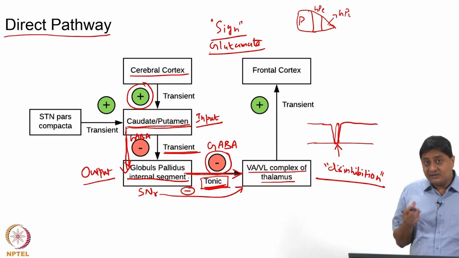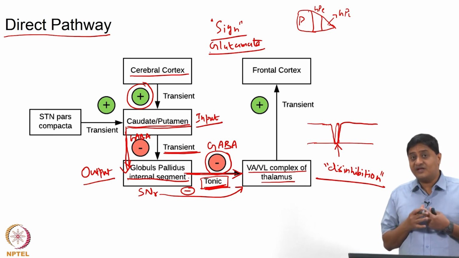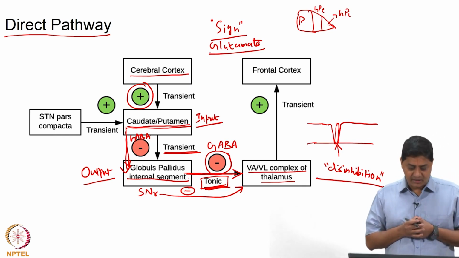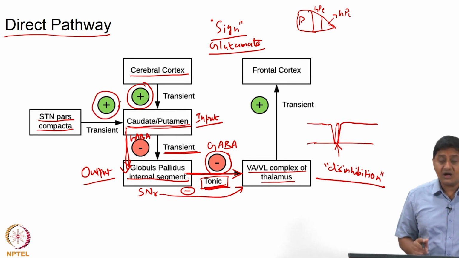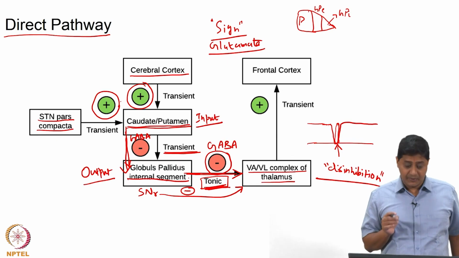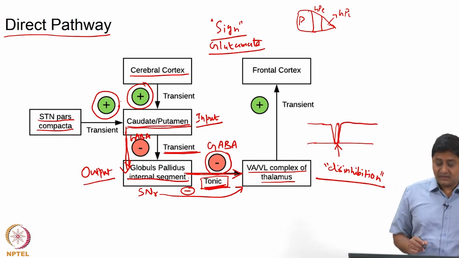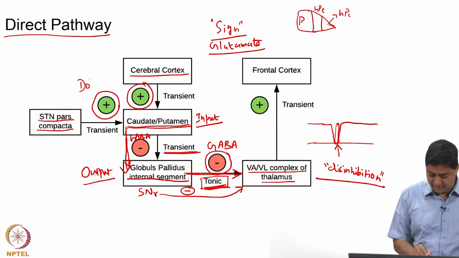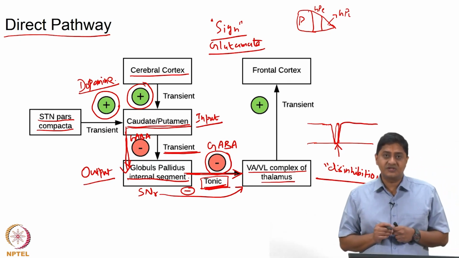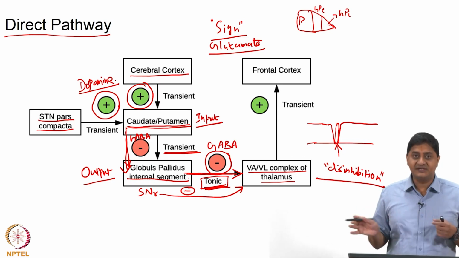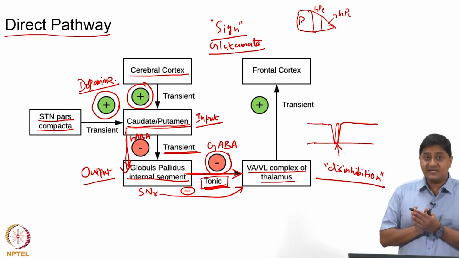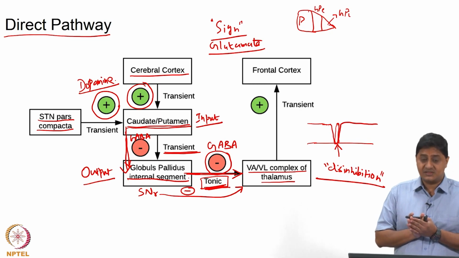And the other very strong input received by the striatum is from the substantia nigra pars compacta, which sends a very strong excitatory input to the direct pathway through the neurotransmitter dopamine. Dopamine is the brain's pleasure chemical, one of the most important neurotransmitters in the function of basal ganglia. We will discuss its function in much greater detail in future classes. So, dopamine excites the neurons in the striatum.